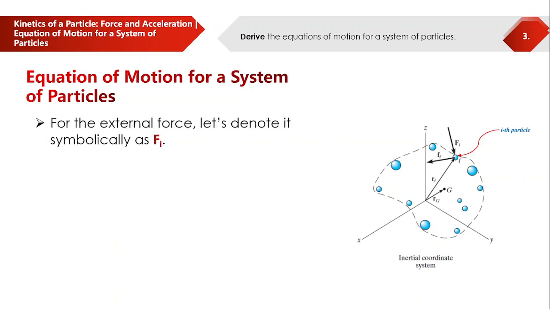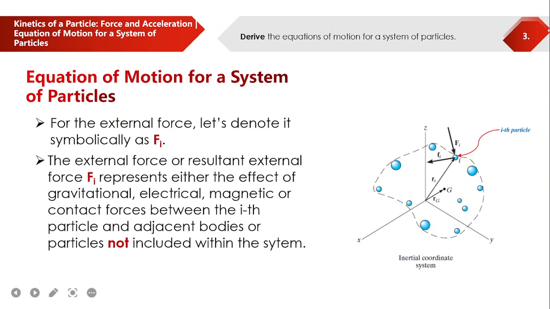Okay? So for external forces naman, let's denote it symbolically as capital letter F sub i. The resultant external force, F sub i, represents either the effect of gravitational, electrical, magnetic, or contact forces between the ith particle and adjacent bodies or particles not included within the system.